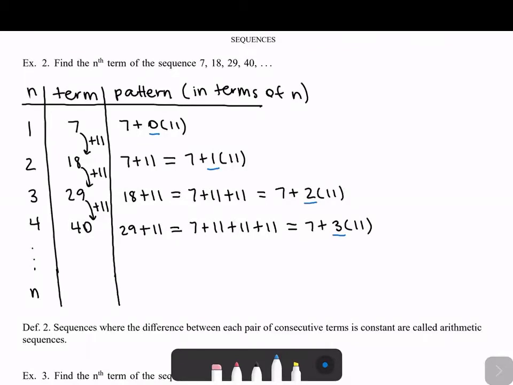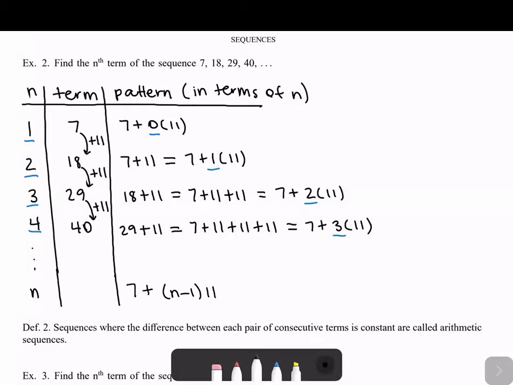So we go from 0 to 1 to 2 to 3, increasing by 1, just like how our terms go 1, 2, 3, 4, increasing by 1. So we can write our pattern as 7 plus, so we don't multiply by our n value, but 1 less than it, 7 plus n minus 1 times 11. And so that is our general form.